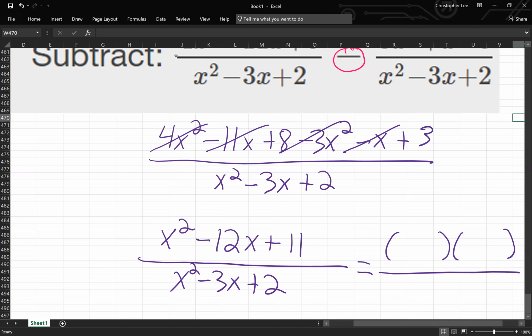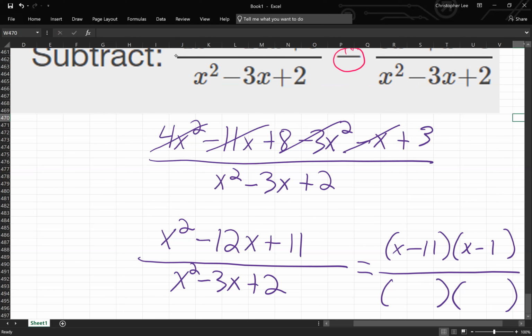So now we have to factor our numerator and factor our denominator. Whew, this is hard. I need two numbers that multiply to positive 11 but add up to negative 12. What are they? Negative 11, negative 1. Now on the bottom, I need two numbers that multiply to positive 2 but add up to negative 3.